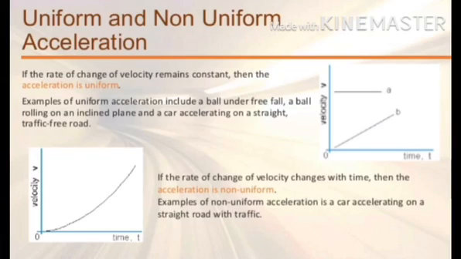Now non-uniform acceleration. When the velocity of a body changes at a non-uniform rate, that is, velocity changes by unequal amounts in equal intervals of time, the acceleration of the body is said to be variable or non-uniform acceleration.